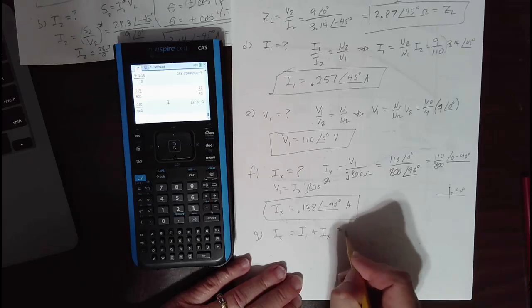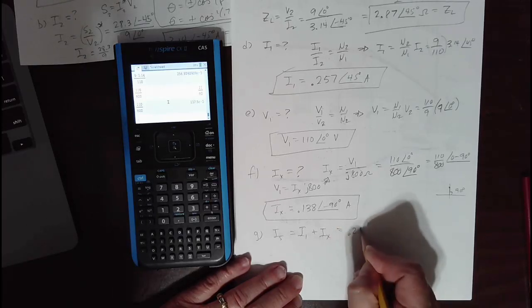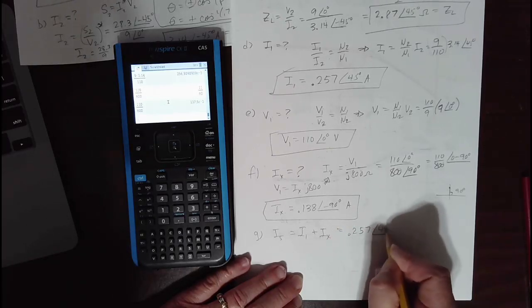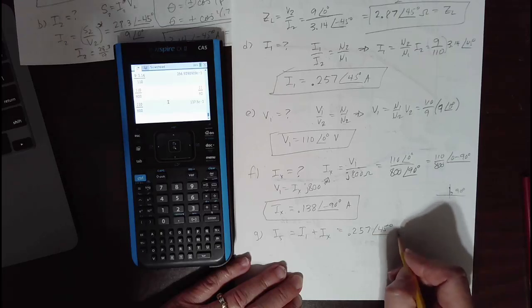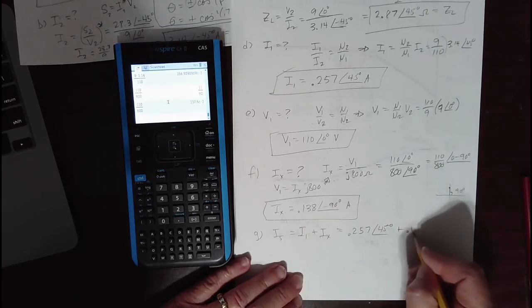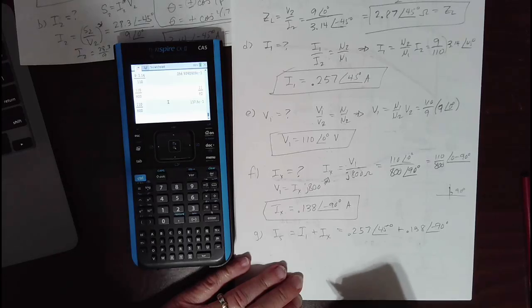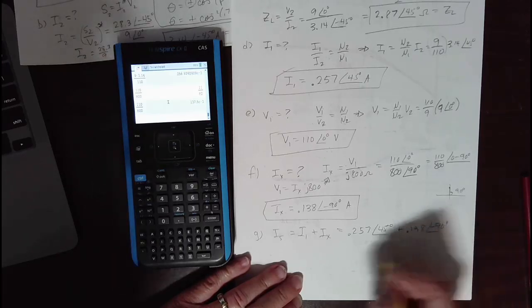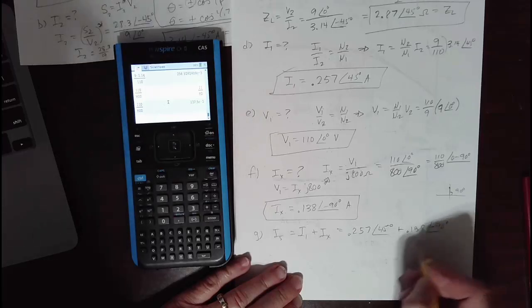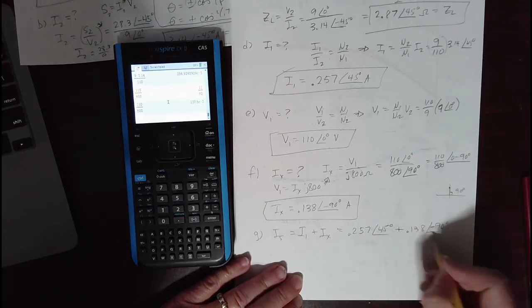So I1 is 0.257 angle 45 degrees plus Ix, 0.138 angle negative 90 degrees. We can convert this with Euler and so forth, but let's let the calculator do this one.